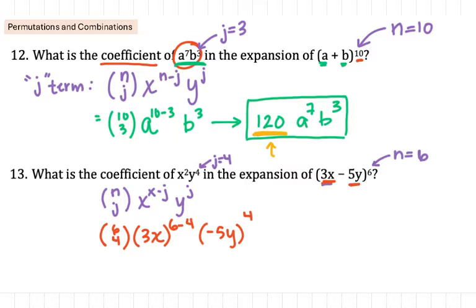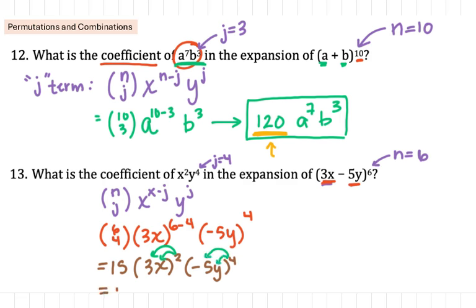Okay, so piece by piece, 6 choose 4 is 15. And then we've got 3x squared and minus 5y to the 4th. Okay, we've still got to simplify some more because this squared has to distribute and this power 4 has to distribute.